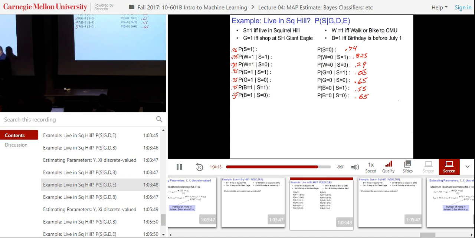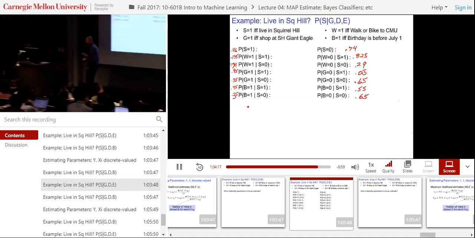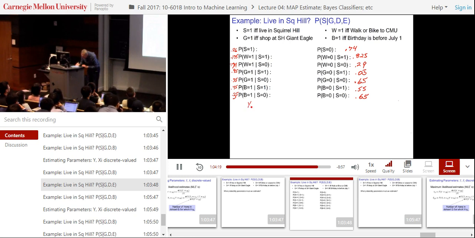And now through the magic of the naive Bayes assumption, we want y new to be the argmax over possible values of y, let's say 0 and 1, of the probability that, and instead of y, I'll just use the real variable, which is, do you live in Squirrel Hill, which is just the prior probability.